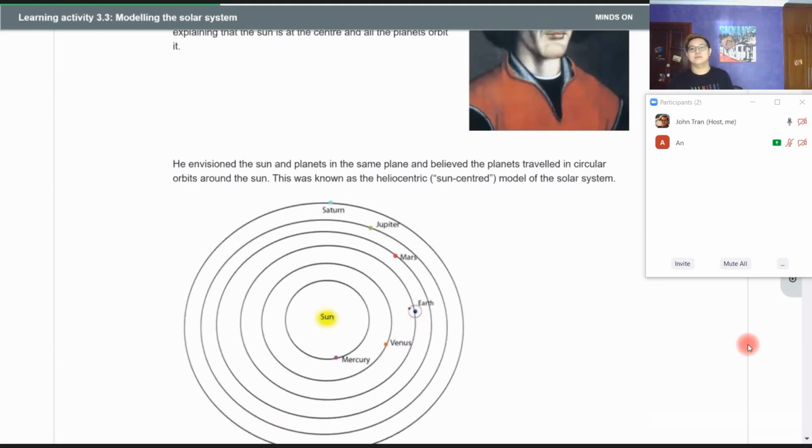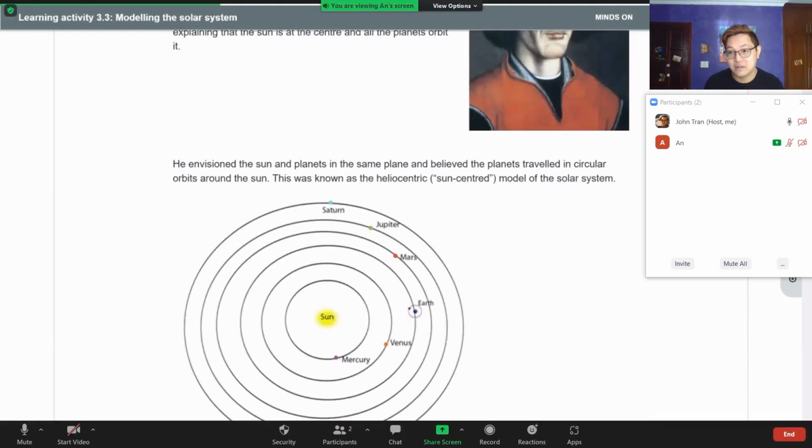Then it goes this way again, and when it goes around the sun, it goes backward again. So that explains how planets go retrograde, because they don't rotate around the Earth, they rotate around the sun. So from the point of view of the Earth, we see it only that way.